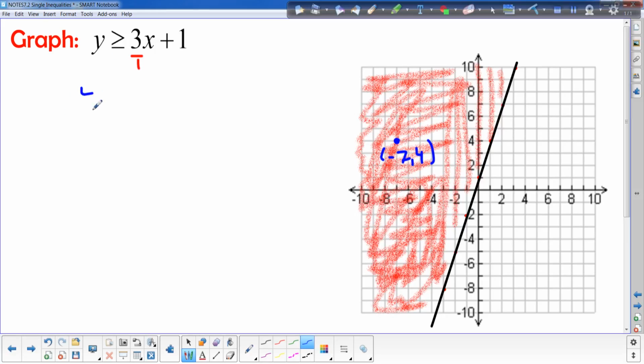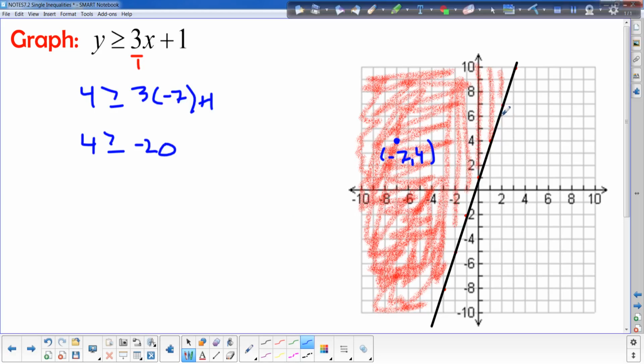So 4 is greater than or equal to 3 times negative 7 plus 1. That is 4 is greater than or equal to negative 20. Surely 4 is bigger than negative 20. So we said these are solutions.